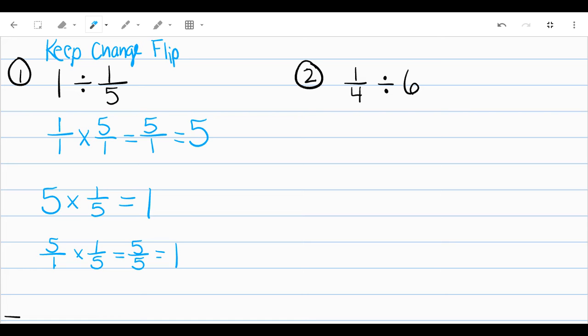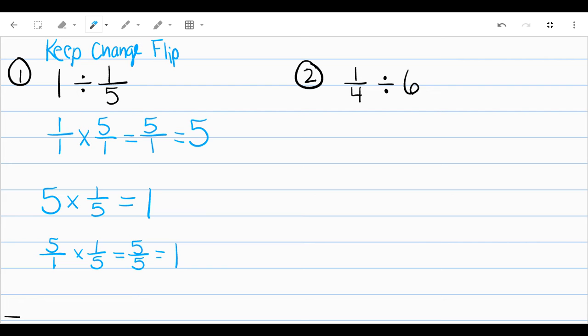All right? So that's why this works, because we're changing the operation to the inverse operation, and we're changing our second fraction to be the reciprocal when we flip our numerator and our denominator. Okay, so keep, change, flip is really important, and you'll use this throughout middle school and high school as well.